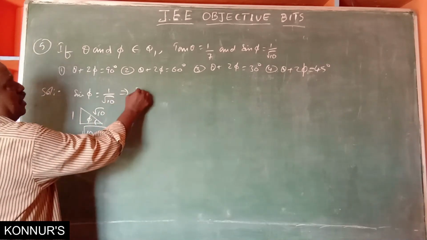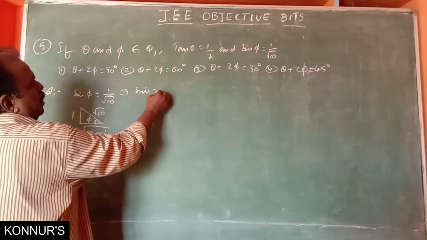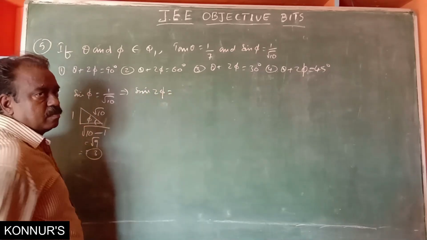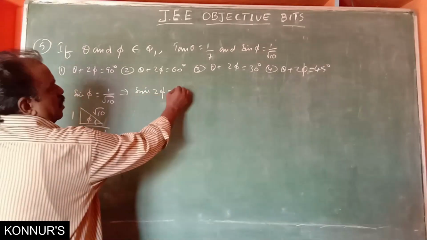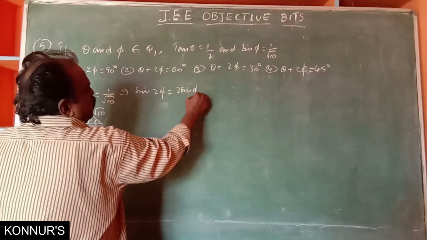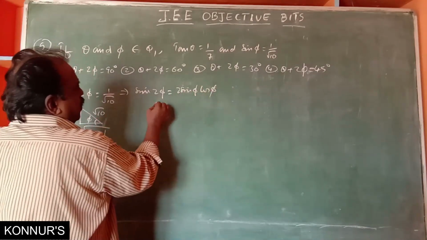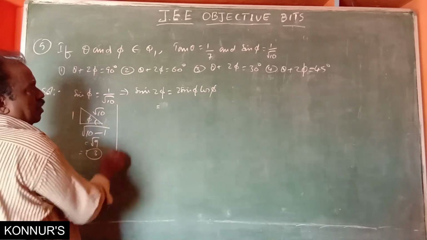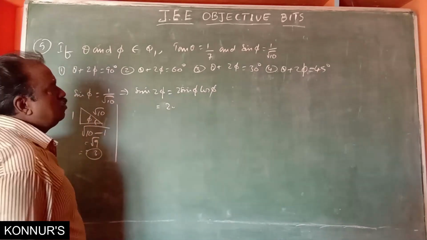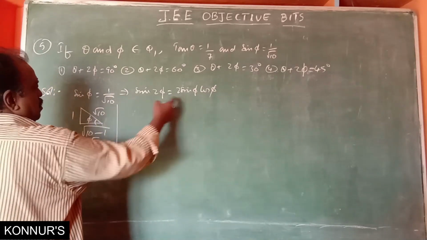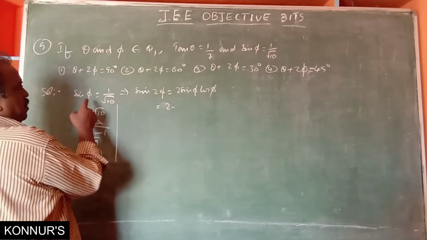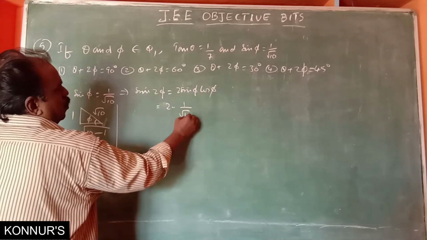Now we need to find sin 2 phi. Why? Because I will tell you. It is 2 sin phi cos phi now. Will you agree? It is 2 into, what is sin phi? Sin phi is already given, 1 by root 10.